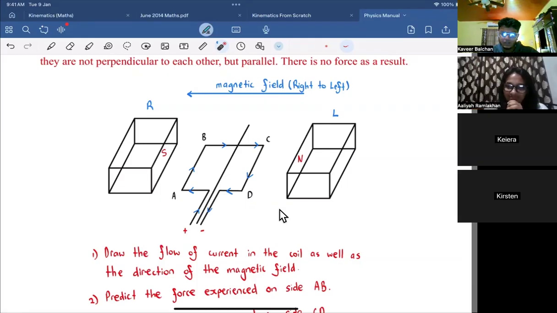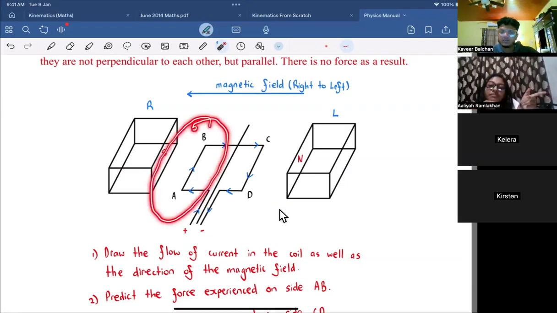So Justin, tell Aliyah if she's correct. Aliyah, show me Fleming's left hand rule for this side of the coil. Yeah, that is correct.